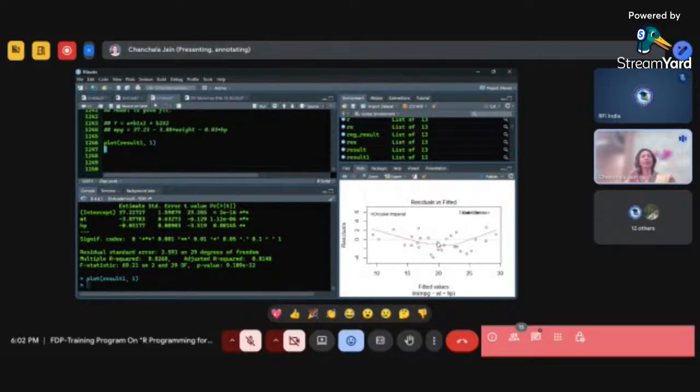Shape means a cone type or fan type of shape. When you look at the data, we are not finding any shape here. So we can say that the residuals have equal variance. This is the meaning of this first plot. Is it clear?